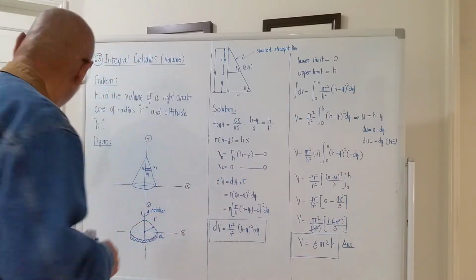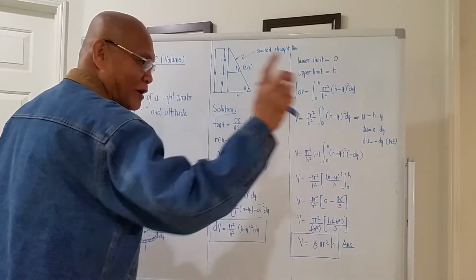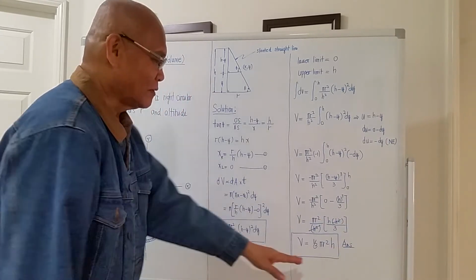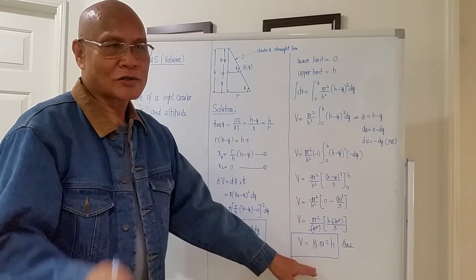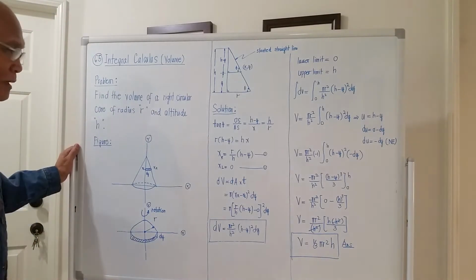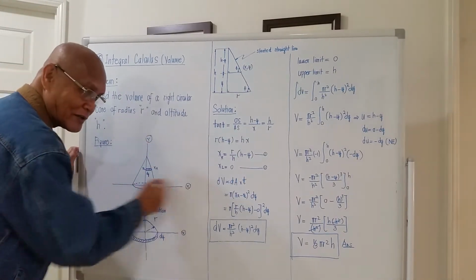Under lower mathematics, I think the volume for a right circular cone is actually 1/3 pi r square h. This is the required volume. So by using integral calculus, we will derive this formula here. Okay, let's bring out the figure. Y-axis, x-axis.